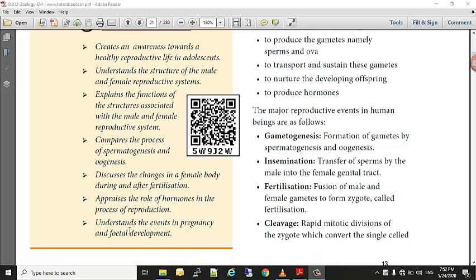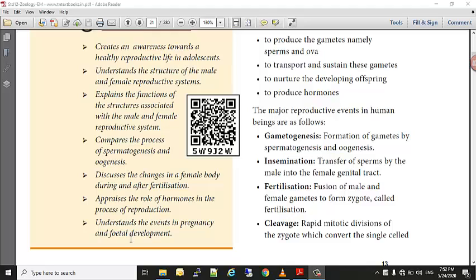And finally, you will understand the events in pregnancy and fetal development. Here, you will study a beautiful graphical representation and video representation, which will give you insight into all the events and changes that take place during pregnancy.